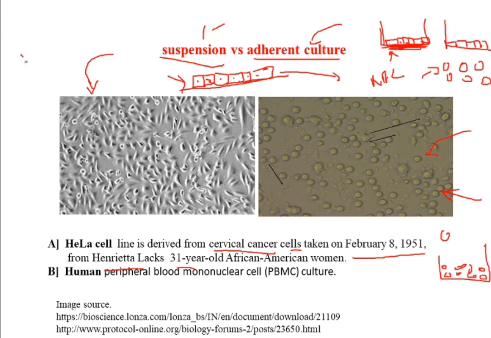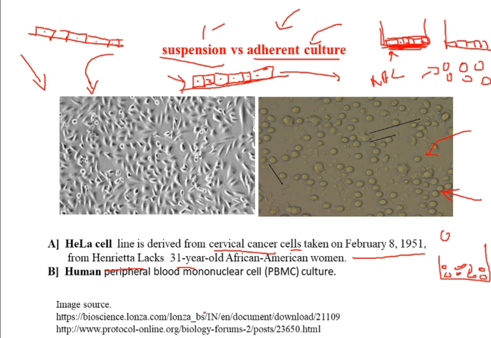This is the adherent culture. Adherent culture means the cells, for example epithelial cells, this is the epithelial sheet, because their nature is to adhere to a particular surface. When you culture it, it forms a uniform monolayer, and we call it adherent culture.